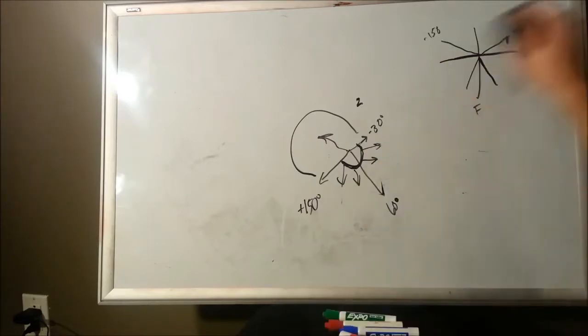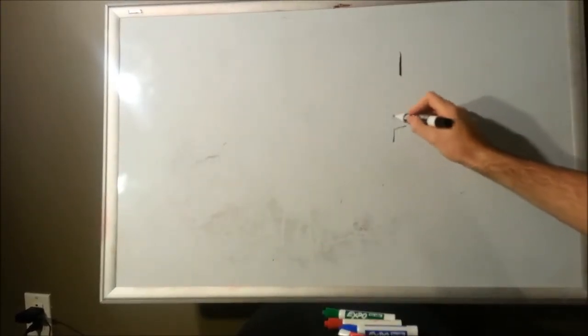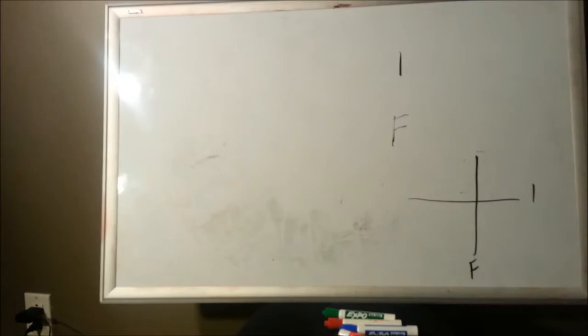So now let's piece a few leads together at the same time. If you're looking at lead 1 and AVF at the same time, it'll give you a good picture of what that normal healthy axis is.